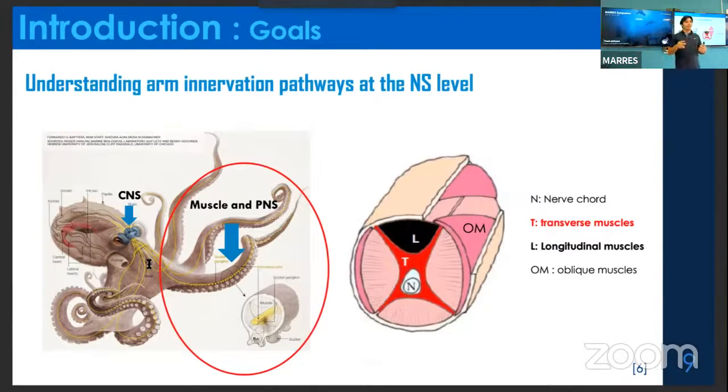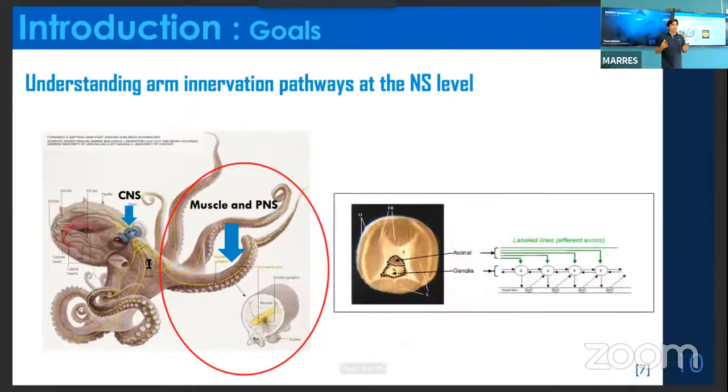They are all organized around the nerve cord, which is composed of 2 parts: the axonal tract, where all the axons from the higher command center are located, and a chain of ganglia, which is presented here with the little red and yellow points. And those ganglia contain the cell bodies of the whole peripheral nervous system.